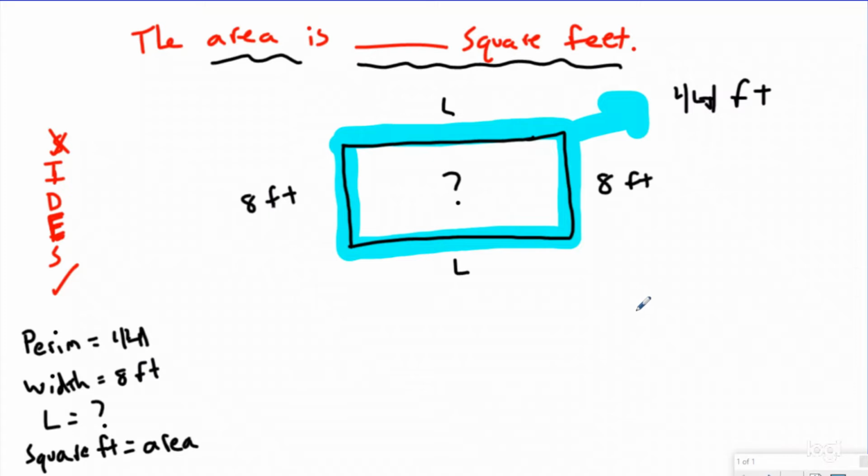So I know my area formula is area equals length times width. I don't know my length, but I do know my width, which is 8. So the first thing I need to do is use my perimeter information to help me solve for my missing length, and then I can use that to solve for my area.